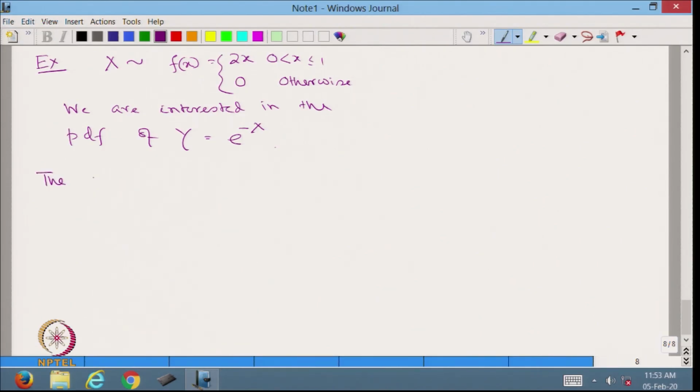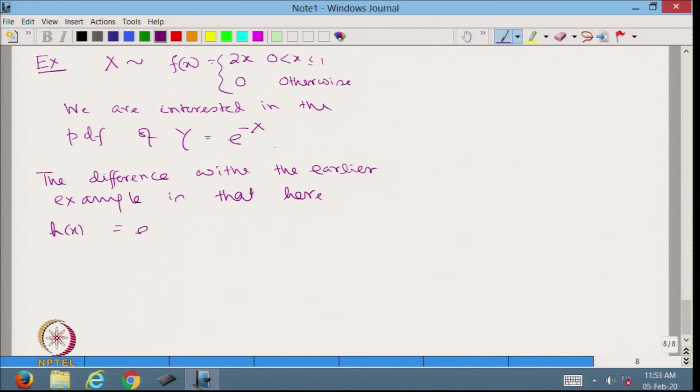The difference with the earlier example is that here h(x) equal to e to the power minus x is a decreasing function.